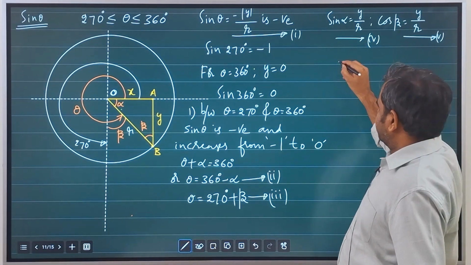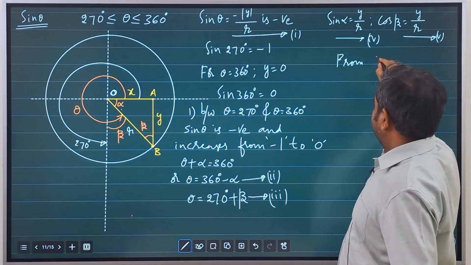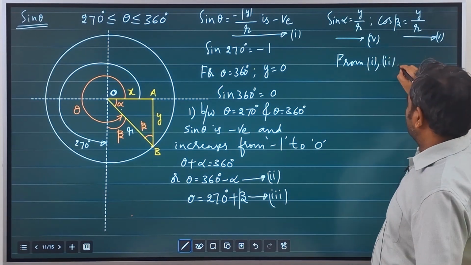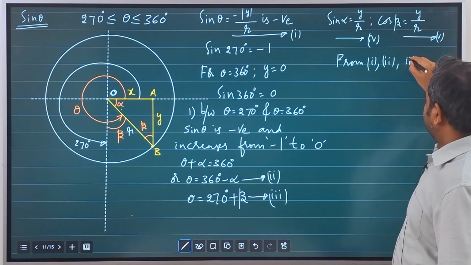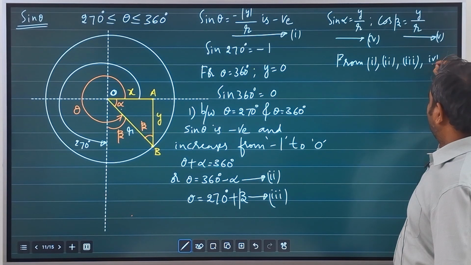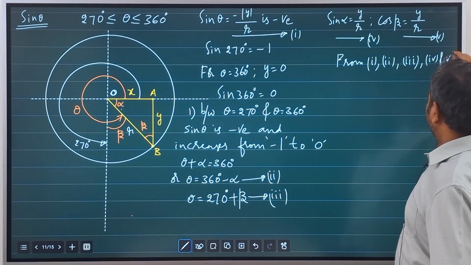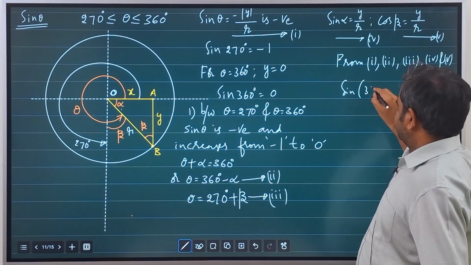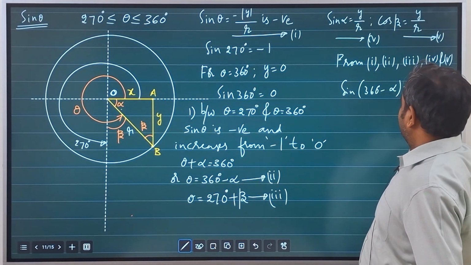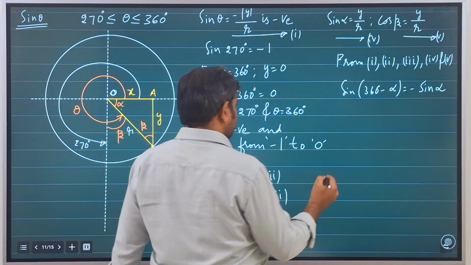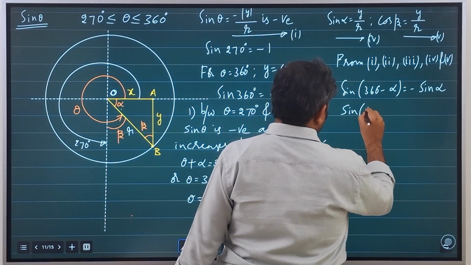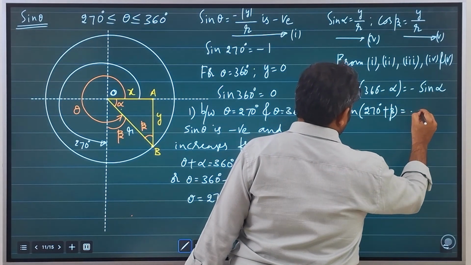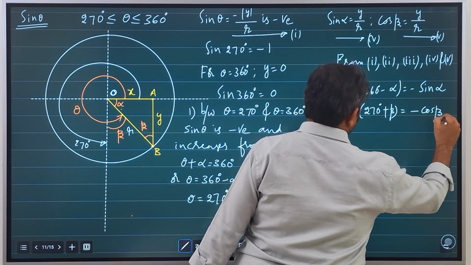From these 5 equations, I can write sin of 360 degrees minus alpha is minus sin alpha, and sin of 270 degrees plus beta is equal to minus cos beta.